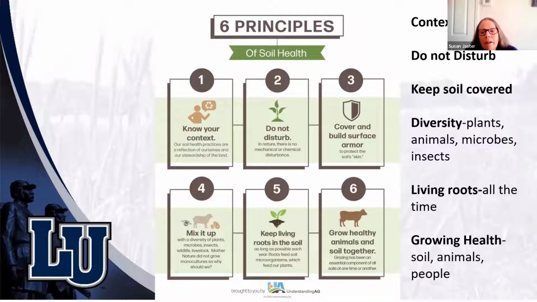We want to keep our soils covered and build surface armor so that protects that upper layer of the soil, which also helps moderate the temperature of the soil, which is also another important factor in keeping our microbes happy, because they like 55 to 65 degrees.